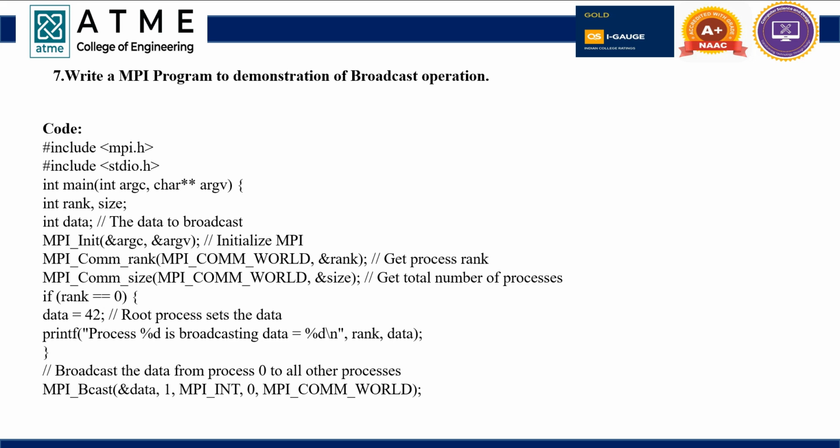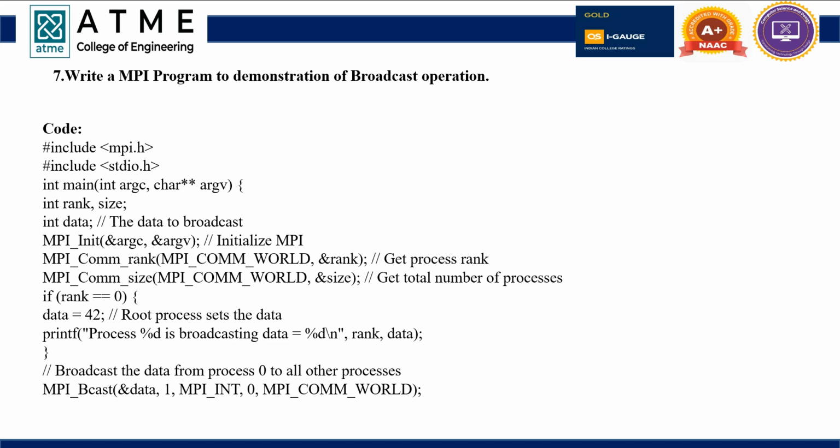Now let us initialize the MPI execution environment. For that we have to use MPI_Init. So you initialize the MPI environment and get the rank, that is the process ID of the current process, and then get the total number of processes using MPI_Comm_size.